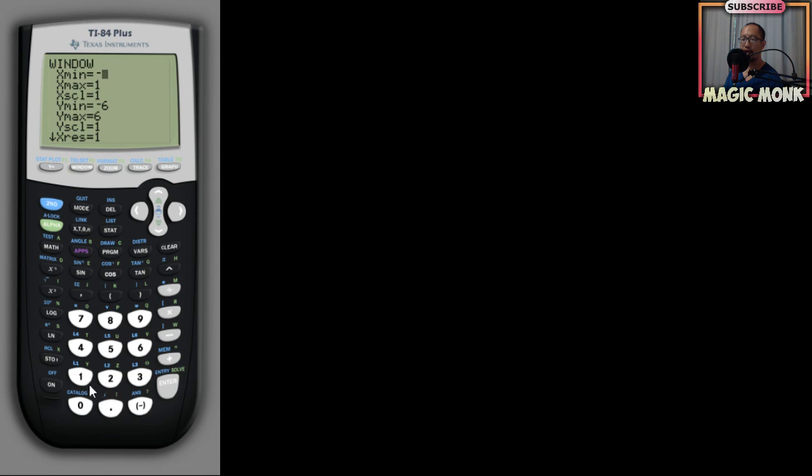Let's go negative 10 to 10 again, negative 3 to 3. Okay, and let's draw another line. So let's just draw y equals 0.5. Okay, so let's say I want to shade some of the area.